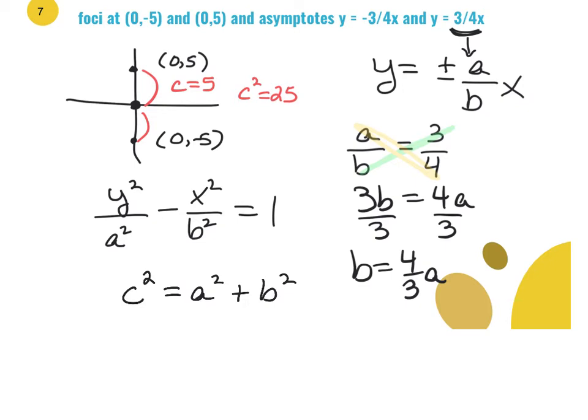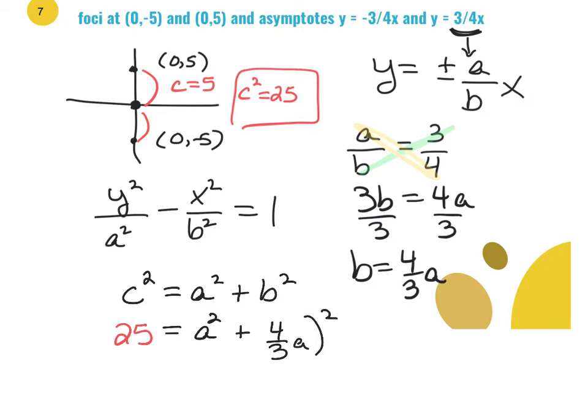Absolutely. All right. So now let me go ahead and replace C squared with 25, because that's what I found up here. I don't know anything about A because I solved my equation for B. I'm going to take 4/3 A, put it in here, and then I have to square that.